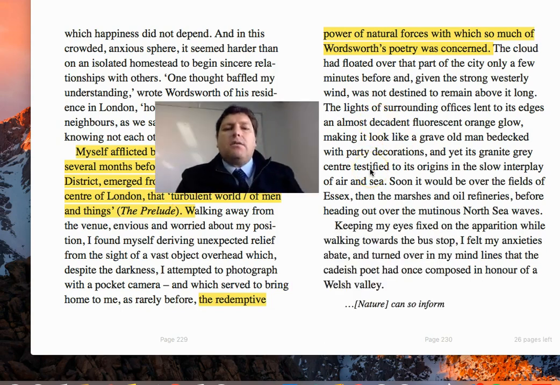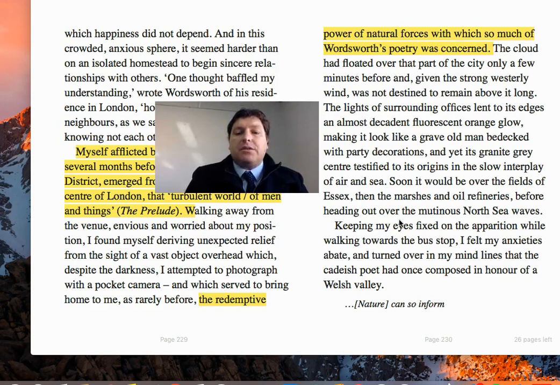De Botton's cloud then presents itself to him as a herald. "The cloud had floated over that part of the city only a few minutes before, and given the strong westerly wind, was not destined to remain above it long. The lights of surrounding offices lent to its edges an almost decadent fluorescent orange glow," and that word decadent's important there, "making it look like a grave old man bedecked with party decorations.